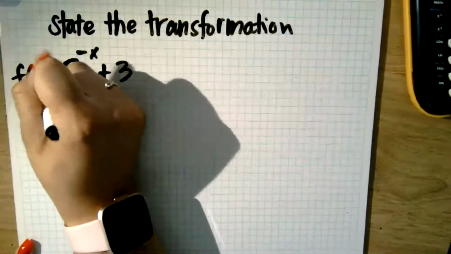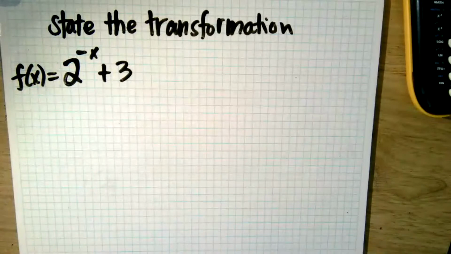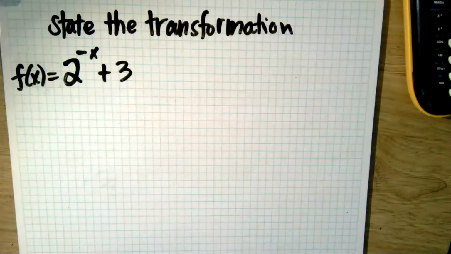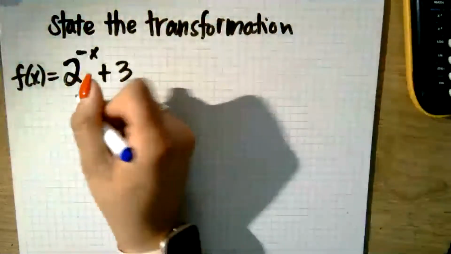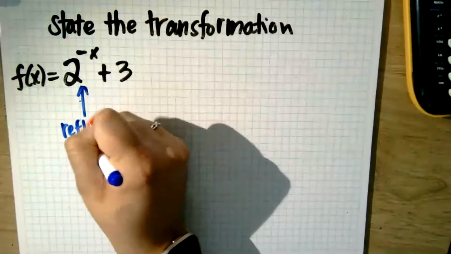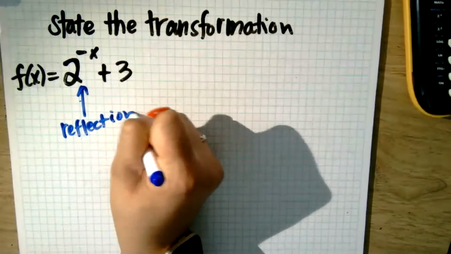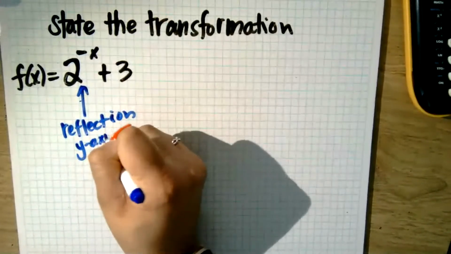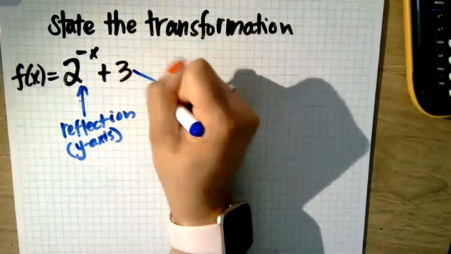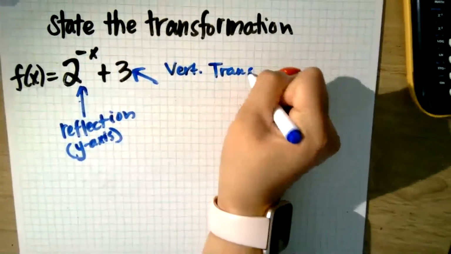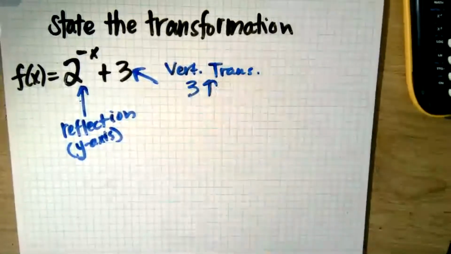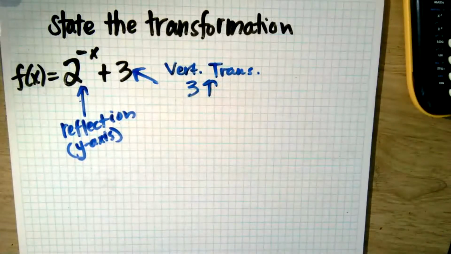Looking at this, what do I have? It's in the power, so it's in the input. That means I have a reflection against the y-axis, and I have a vertical translation 3 units up.